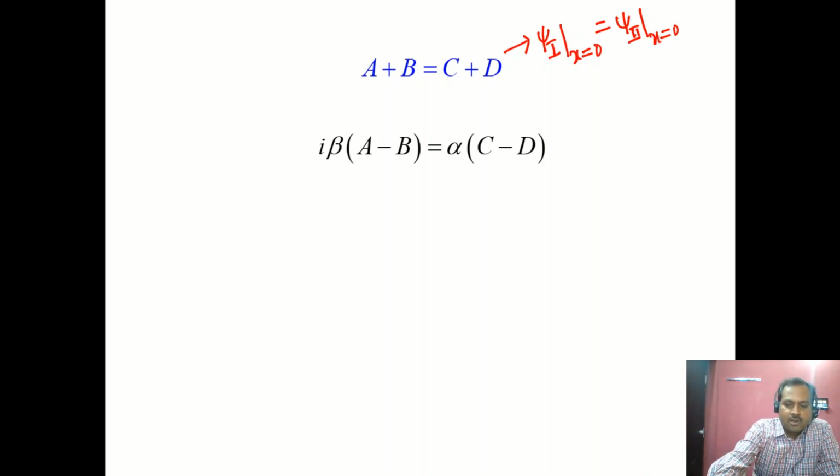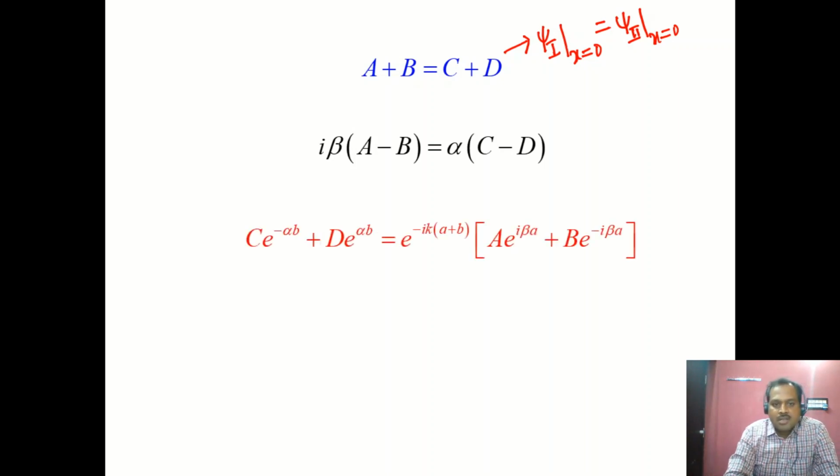And from Bloch's theorem, we are going to get c into e to the power minus alpha b plus d into e to the power alpha b is equal to e to the power minus I k a plus b into a into e to the power I beta a plus b into e to the power minus I beta a.